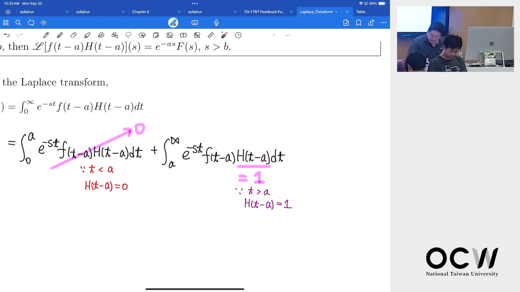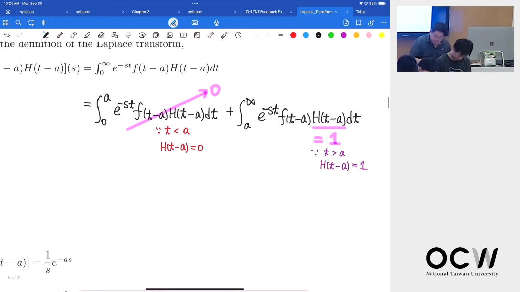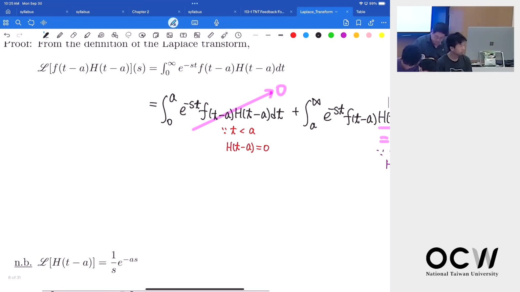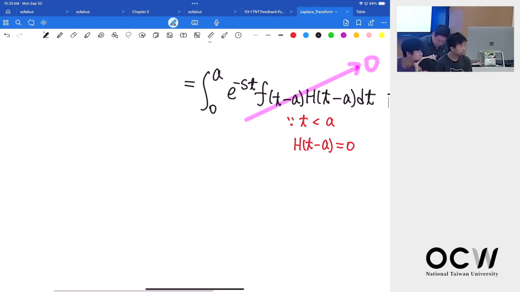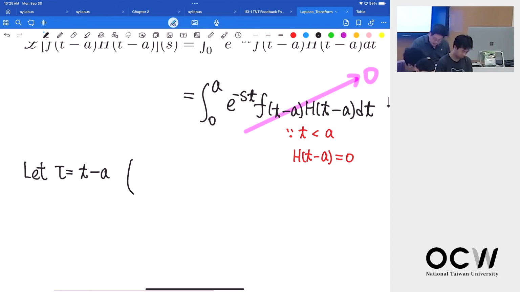Since here I have t minus a, I would like to change the variable. So if I change the variable, tau equals t minus a. That means d tau will be equal to dt, and t becomes tau plus a.